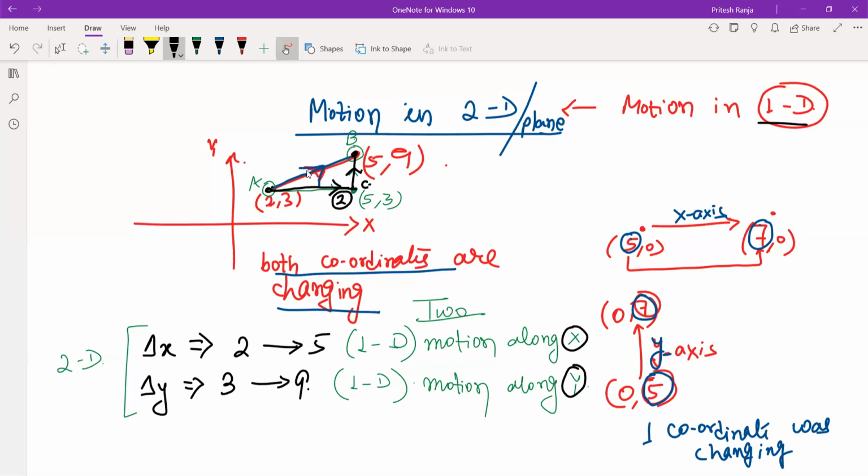So for example, object moved from point A to point B. Can anyone tell me the displacement here? What is the displacement vector? We have learned all these things in vectors. What will be the displacement vector here when the object moves from A to B?